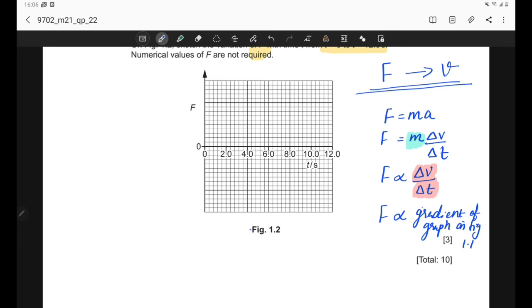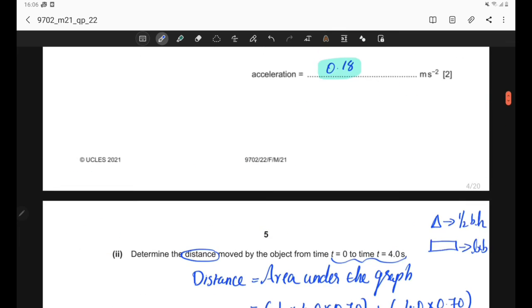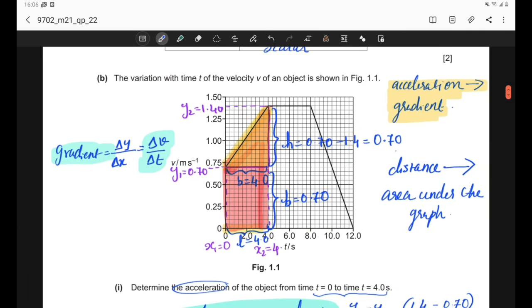Now we can check what is happening to the gradient. This velocity-time graph has 3 types of gradient. Initially, the gradient or slope is a constant value.